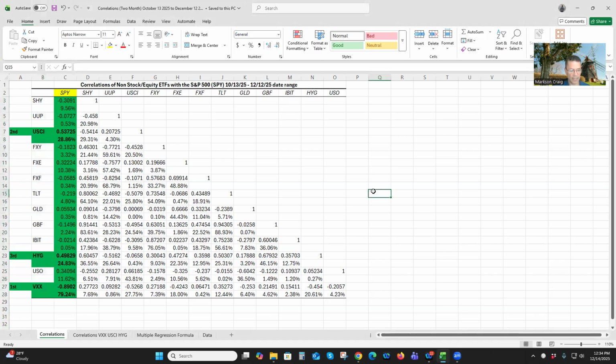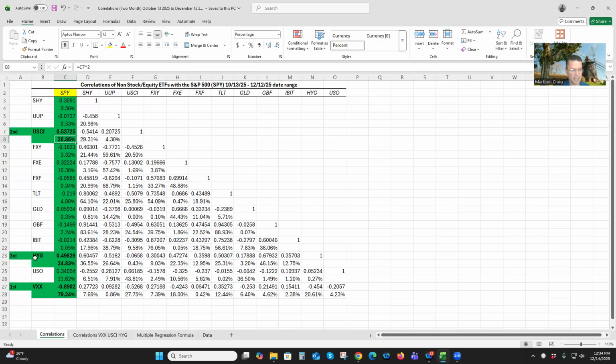So when I ran the correlations, I highlighted the top three exchange-traded funds which have the strongest correlations with SPY, or the S&P 500. Ranked at number 2 is USCI, an exchange-traded fund which tracks a basket of commodities. That has a positive correlation with SPY. So as USCI goes up in price, SPY goes up in price by 28.86%.